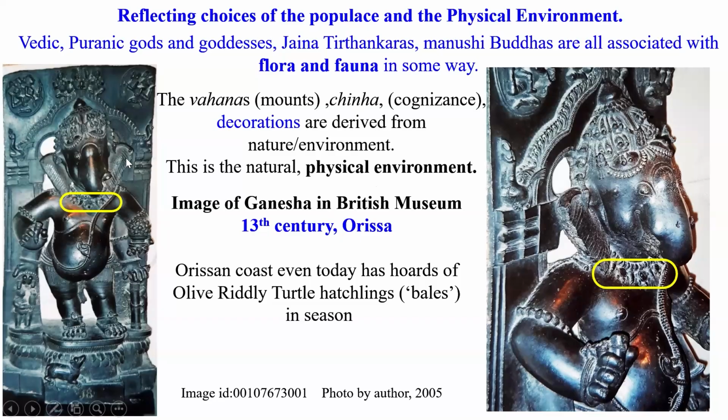You can see that this is a Ganesha image from Orissa, and the images were adorned with a necklace which consists of small little hatchlings. This is very natural because the Orissan coast even today has these olive ridley turtle hatchlings. They're called bales. They are there in the season, so it's quite natural that it should be reflected.